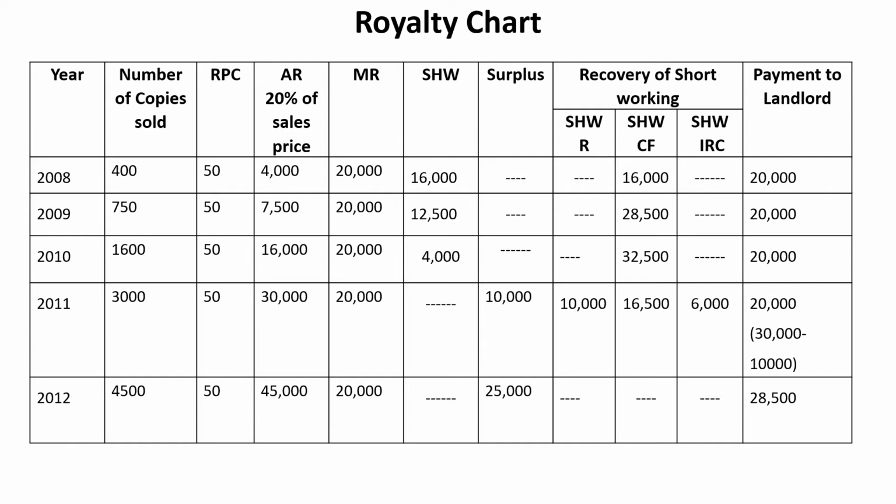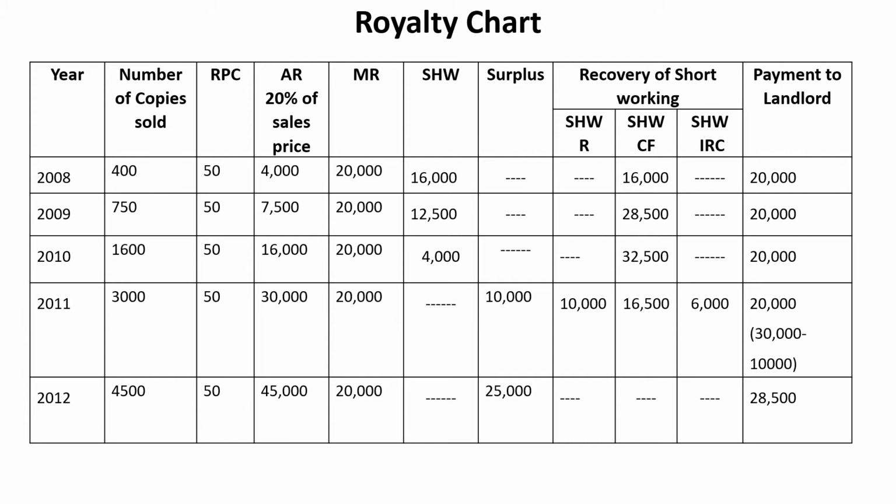For the year 2010, the number of copies sold is 1,600. Actual sales is 1,600 into 50, so we get 80,000 as sales. 20% royalty means we get 16,000 as actual royalty. Minimum rent is rupees 20,000. Again, royalty is less than minimum rent.